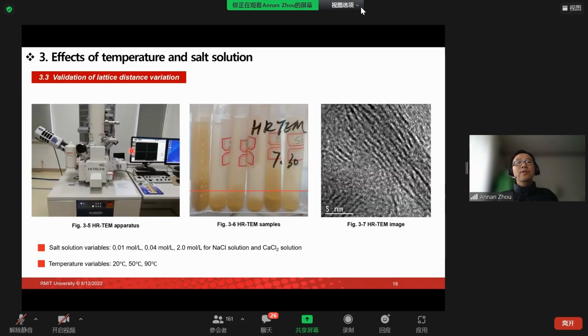To experimentally confirm the different swelling temperature relationship in 3 zones, we employ high resolution TEM test on montmorillonite samples with different temperatures and different salt concentrations.